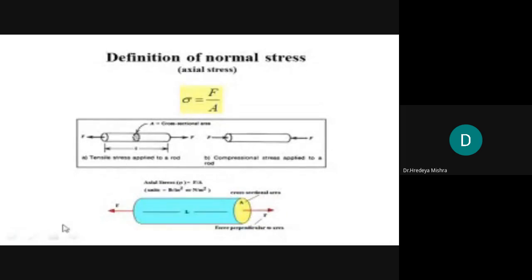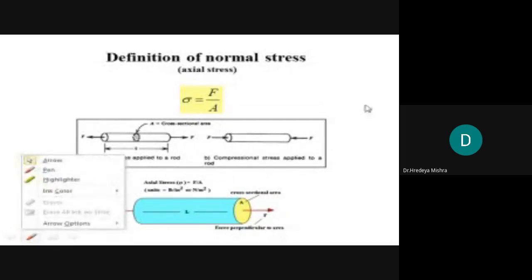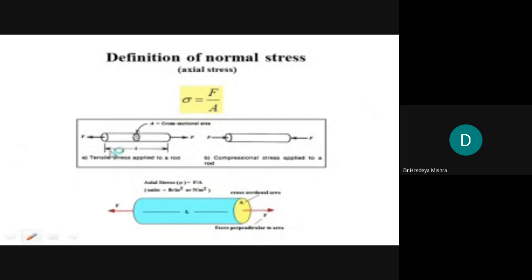Here we can see the load is applied on the cross section of this specimen.